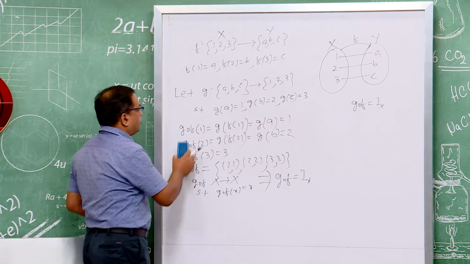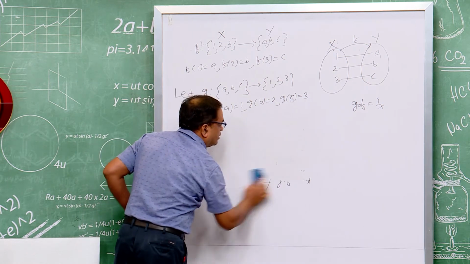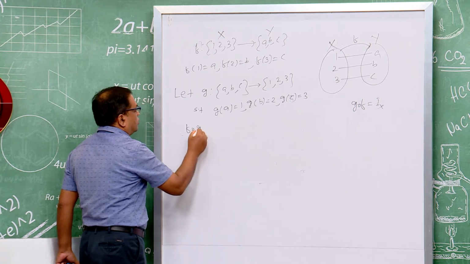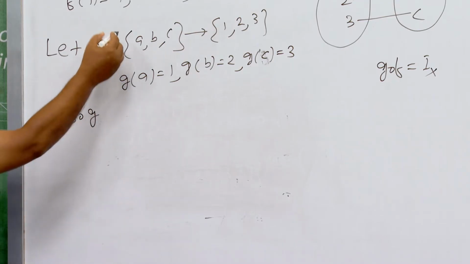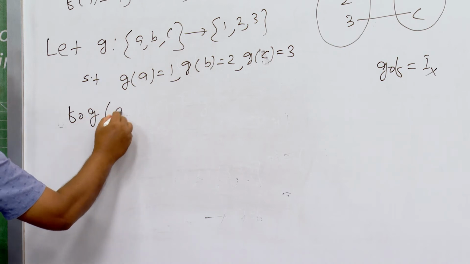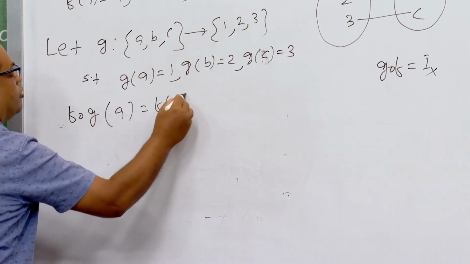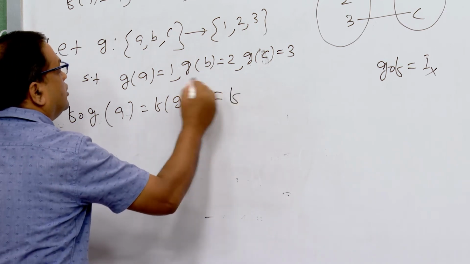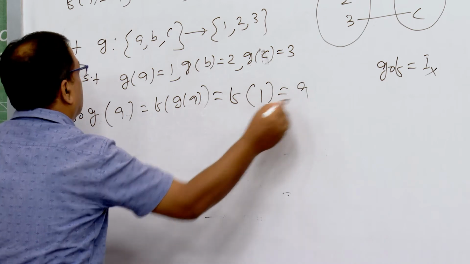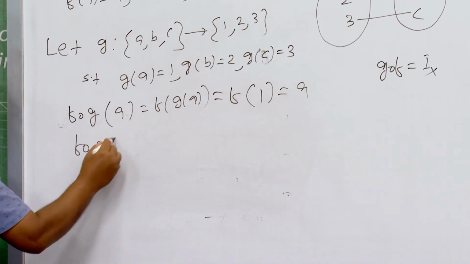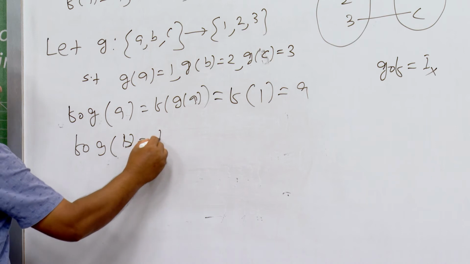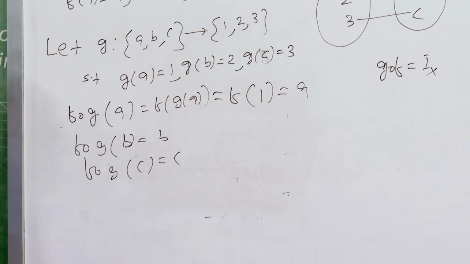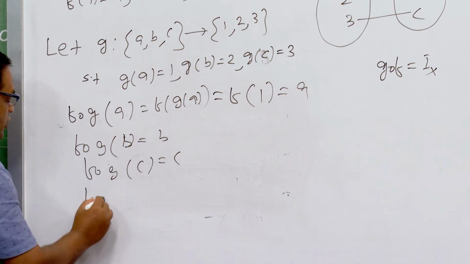Next, we will calculate F composition G. The domain of G is {A, B, C}. F composition G of A is f of G of A. G of A is 1, so f of 1 is A. And if you calculate similarly, f of G of B is equal to B, f of G of C will be equal to C. So, what is F composition G?